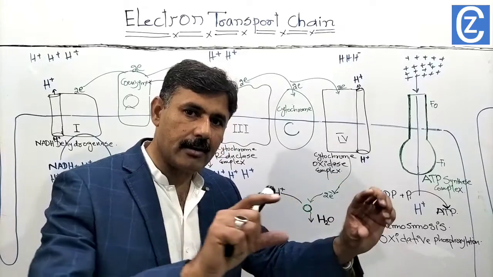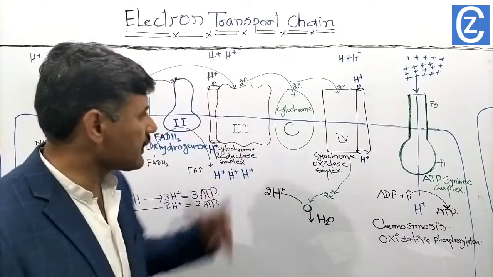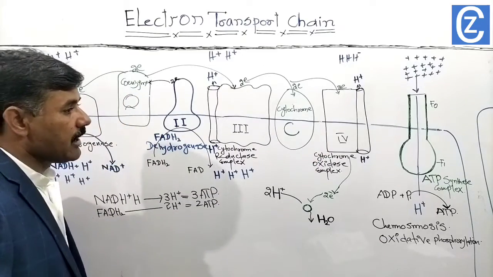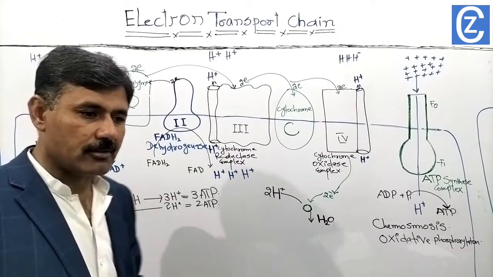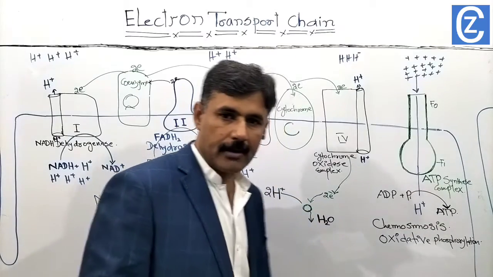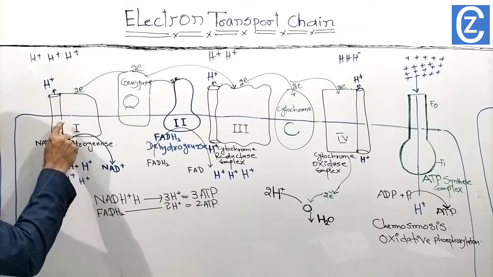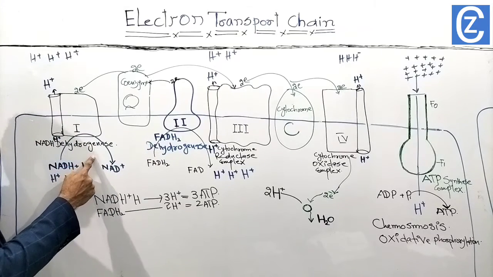In the inner membrane, there are several complexes present. Let's study them one by one. Otherwise they are named as 4 complexes, but actually there are 6 complexes present in this membrane. The first complex is termed the NADH dehydrogenase complex.